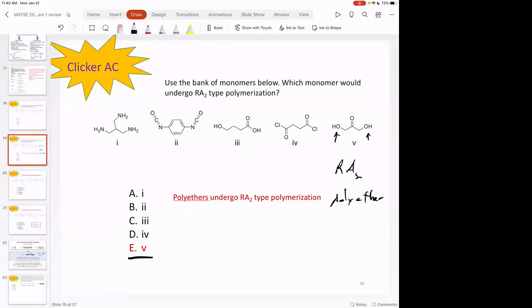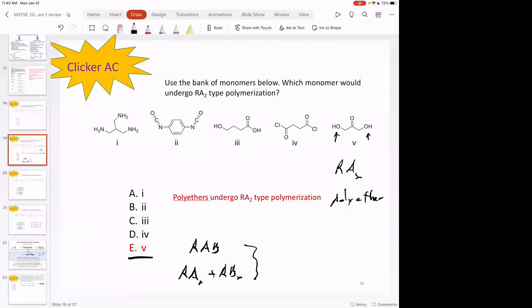Now the question was, when we have RAB or RA2 plus RB2, we need 2 different functional groups for these, right? We need an A and a B functional group. And so we talk about RA2 polymerization, period. There is nothing called an RB2 polymerization only. We just use A.